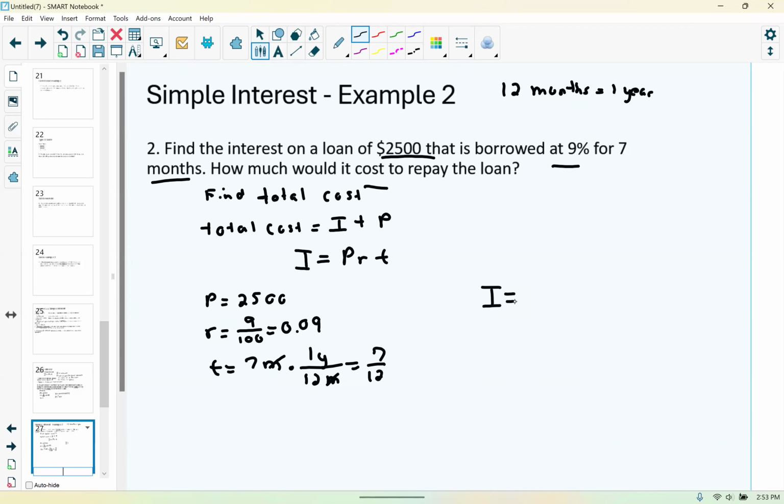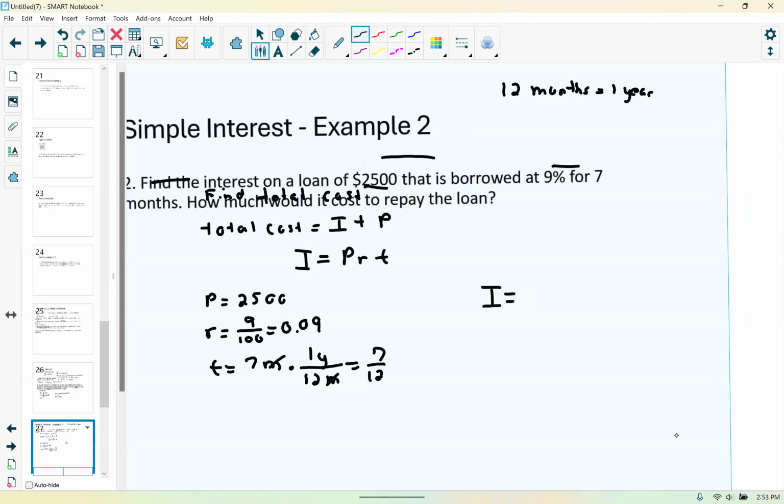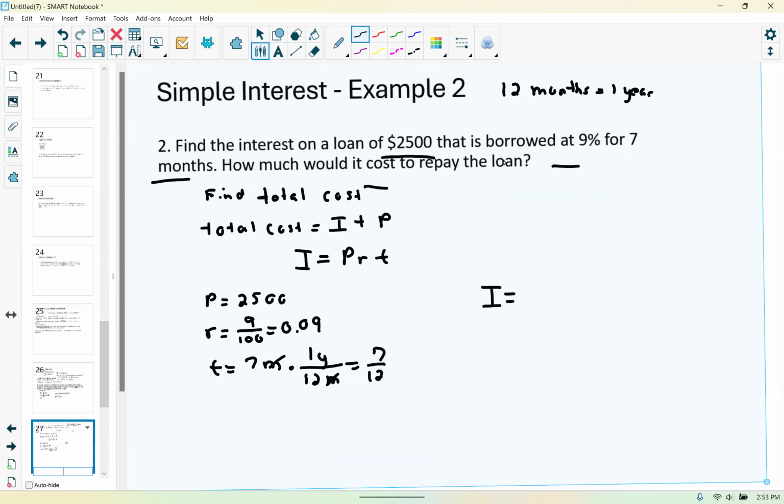So that we're going to find the interest. So we take the principal, which is 2,500, multiply the rate, which is 0.09. I'm just plugging it into this formula, multiply by the time, 7/12. Okay? And then again, I would highly recommend just typing this all in your calculator.